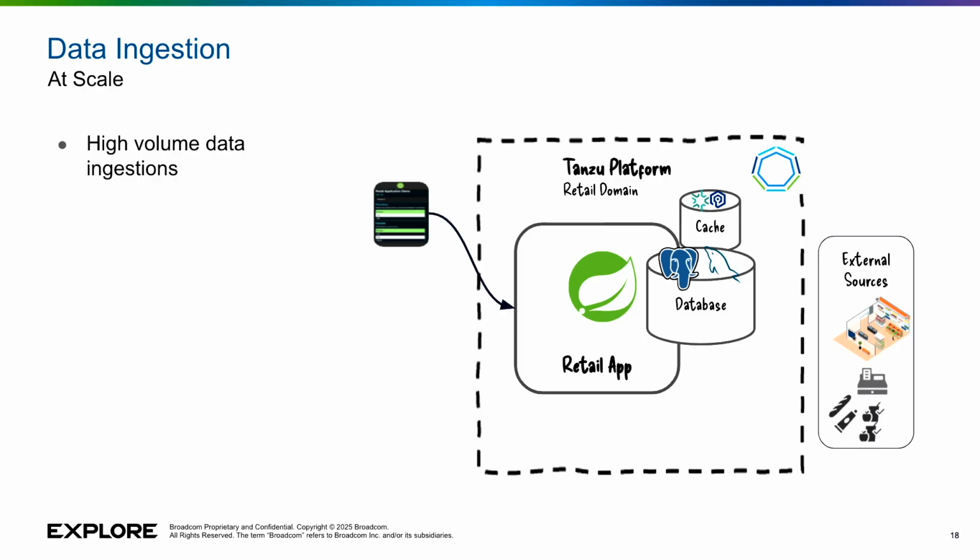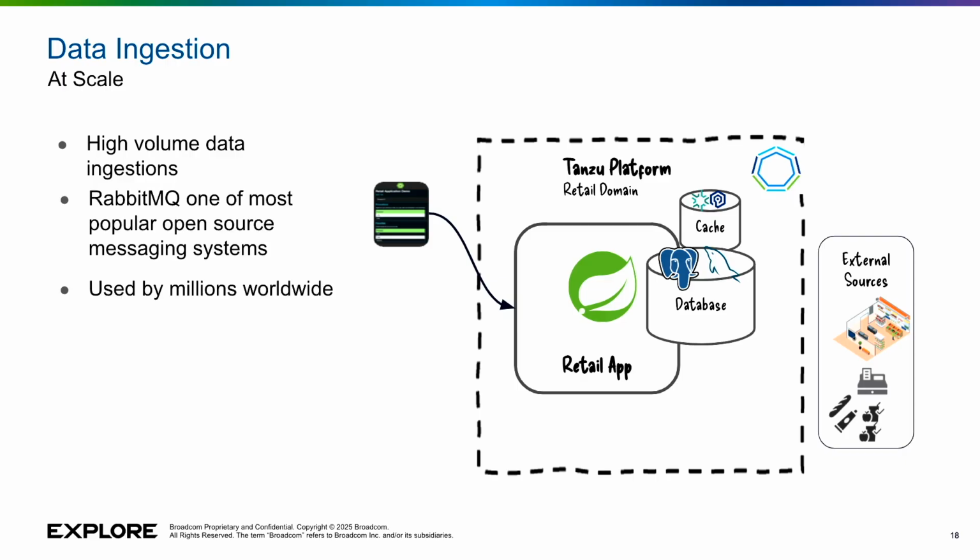Now, everybody wants to sell their products on your retail-based application, right? So they want to push products, customer orders, all types of information to your infrastructure. So again, how do you handle that in a scalable way so that you don't overwhelm your database that's keeping your data safe and your cache that is handling those read-only operations?